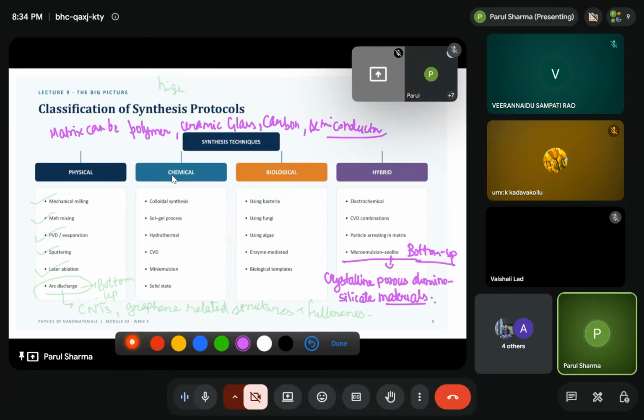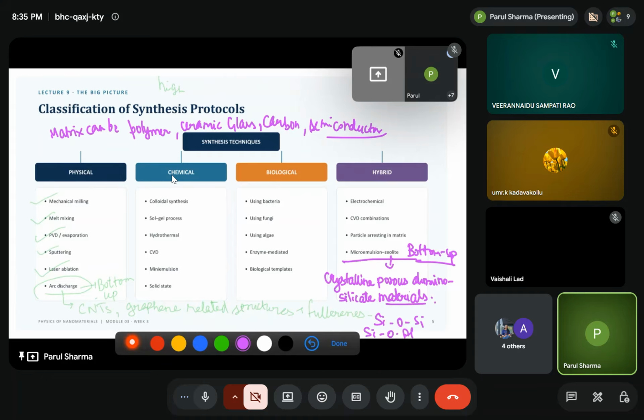So the framework is SiO4 and AlO4. So these form the tetrahedral units. So when we want zeolite nanoparticles, controlling nucleation and crystal growth is very important. So microemulsion provides a confined environment that can restrict the crystal growth.